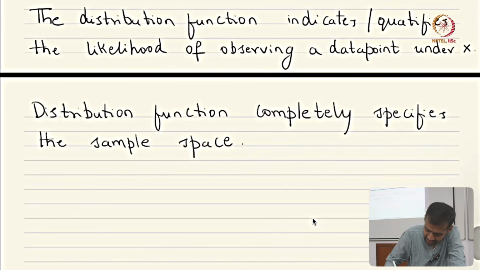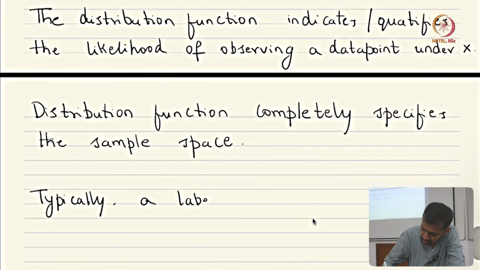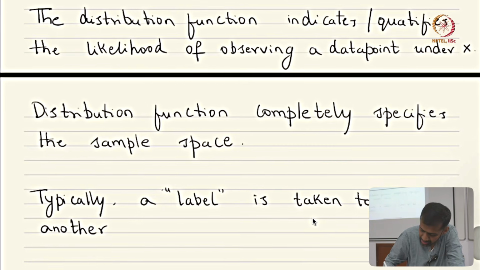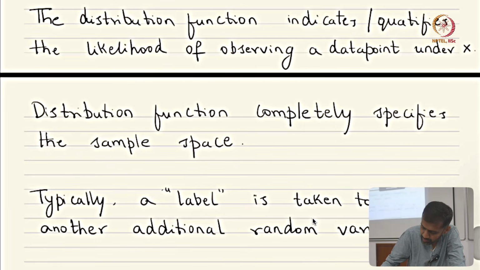This is only a typical thing. So, typically a label is taken to be another additional random variable defined on the same sample space.